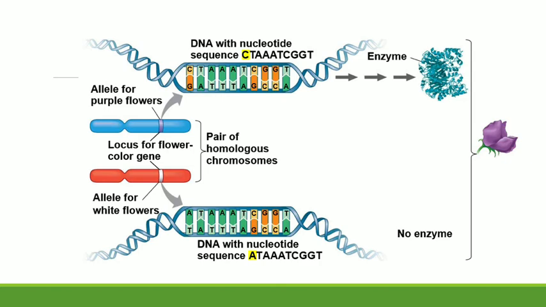So let's zoom in on that. Remember that chromosome is made out of DNA double helix that is wrapped around histone proteins that are condensed on themselves. And it is the order of nucleotides in that section of DNA that creates the code for the trait.